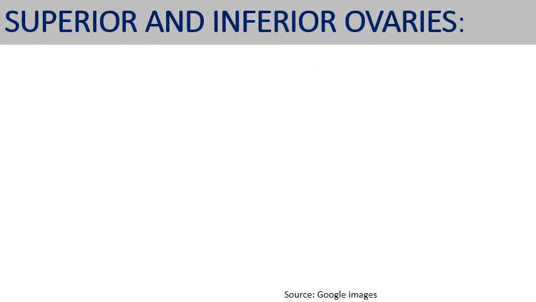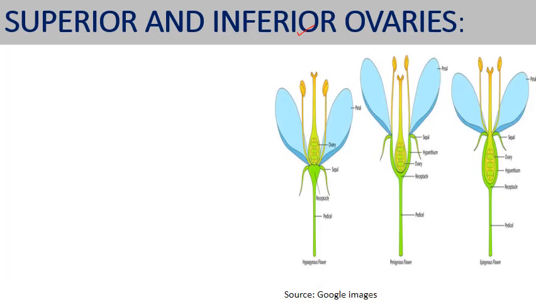Next comes the superior and inferior ovaries. An ovary is said to be superior when all the floral organs arise from the base of the ovary and are not in direct contact with it. This first diagram shows that the floral organs like sepals, petals, and stamens arise from the base of the ovary and are not in direct contact with it.